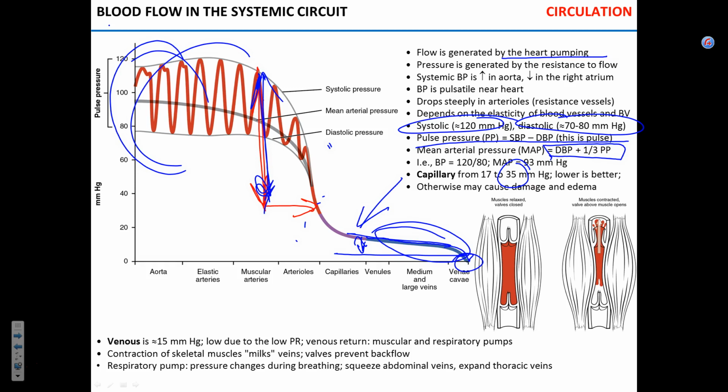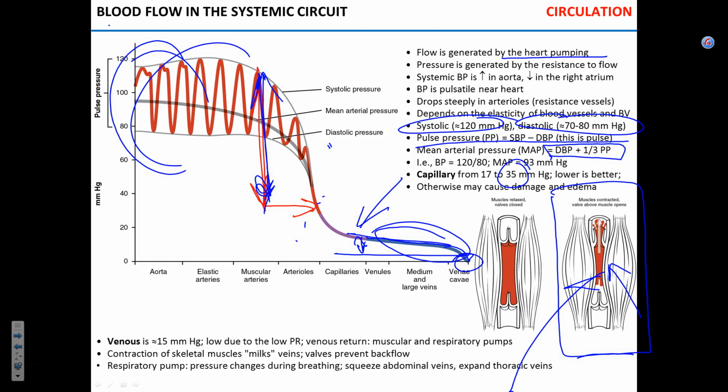There are several. First is the muscular pump. When muscles contract, they squeeze the veins, sort of milking the blood upwards.